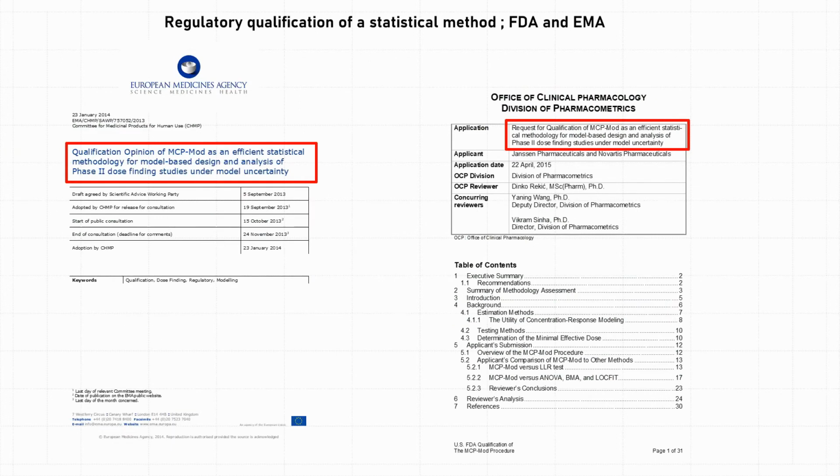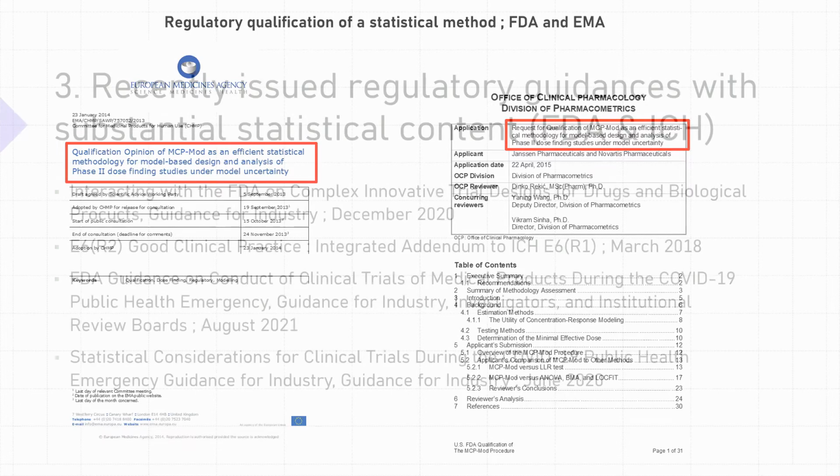I won't spend much time on it, but this just shows you the qualification opinion of that statistical procedure, MCP-Mod, by the European Medicines Agency on the left-hand side, and the Office of Clinical Pharmacology and the Statistical Office also qualifying the MCP-Mod approach.